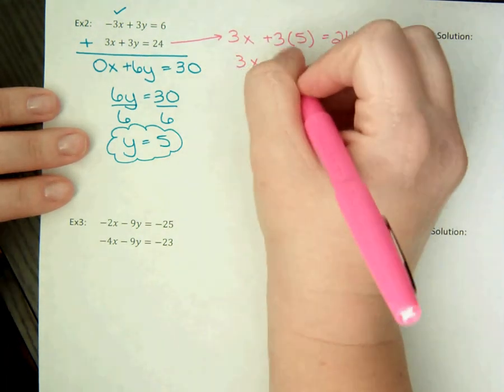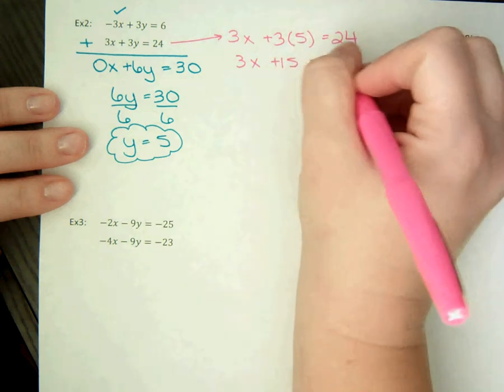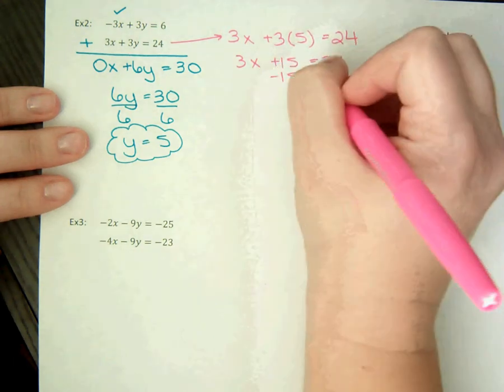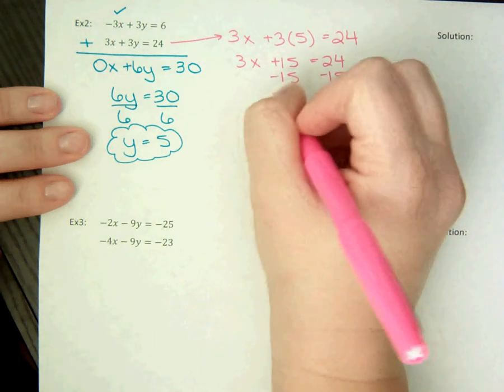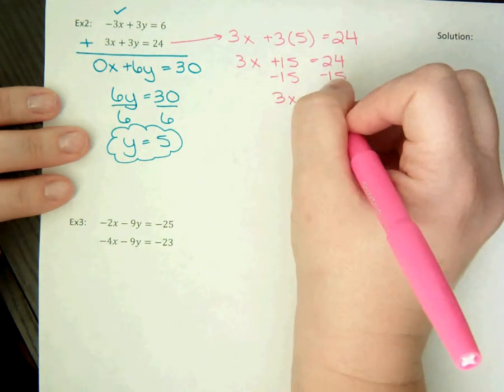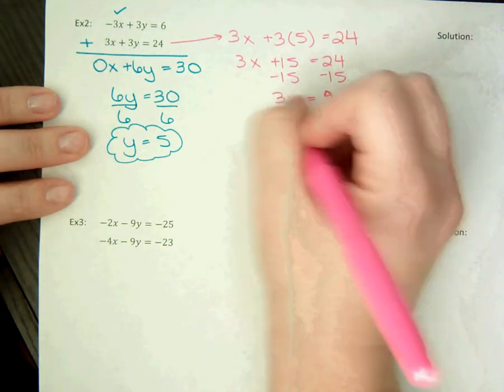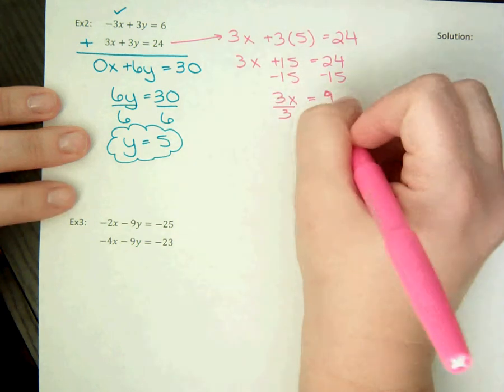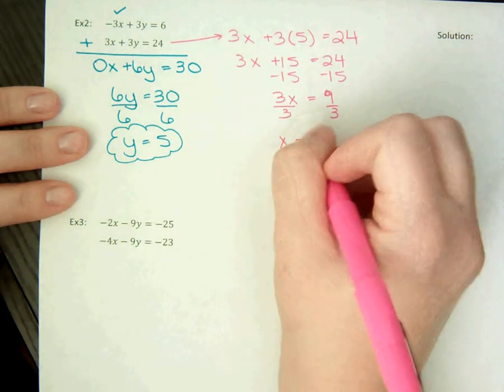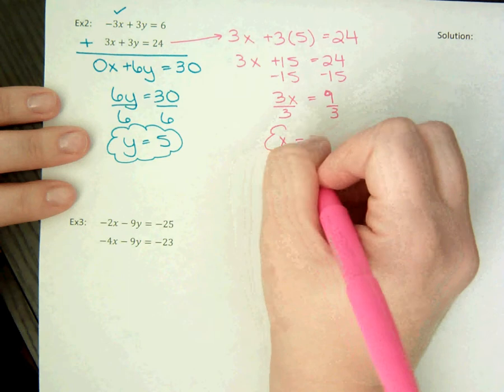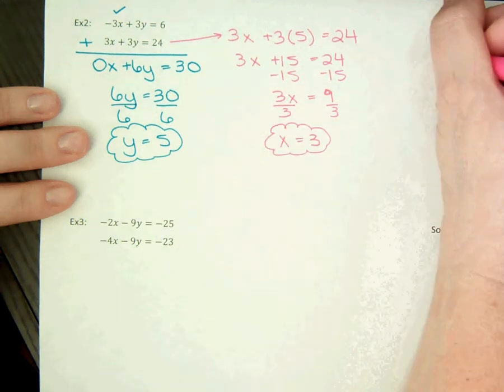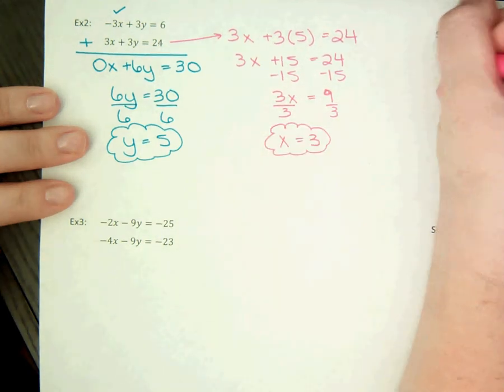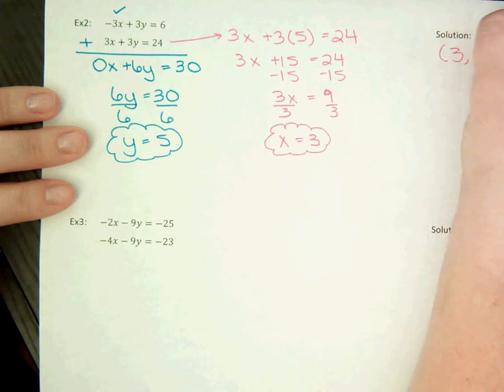So 3x plus 15 equals 24. Move your 15. 3x equals 9, sorry. And then divide by 3. X equals 3. From there, we're going to state our solution as an ordered pair, x and then y.